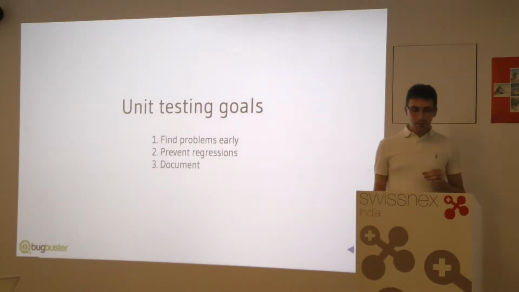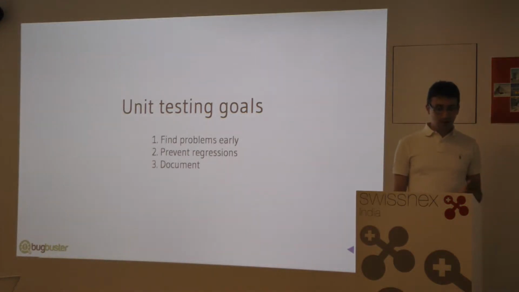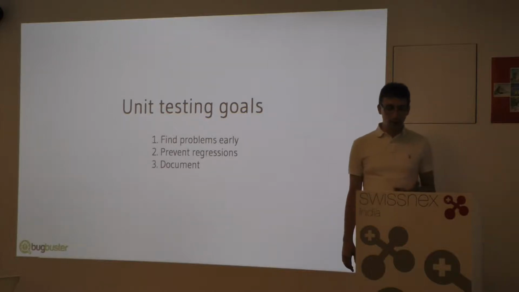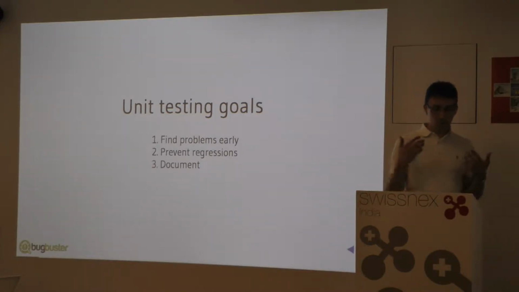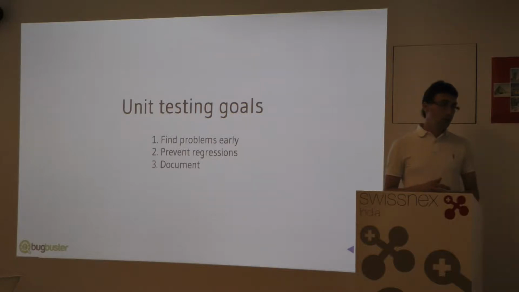So there are several goals when you do unit testing. First is to find problems early. It's the main goal. You want to know about the bugs before your users do. So you write test cases and then you run them so that you find the problem, and then you run them again and again when you have new versions so that you prevent regressions. Your test cases tell you when something that used to work doesn't work anymore.